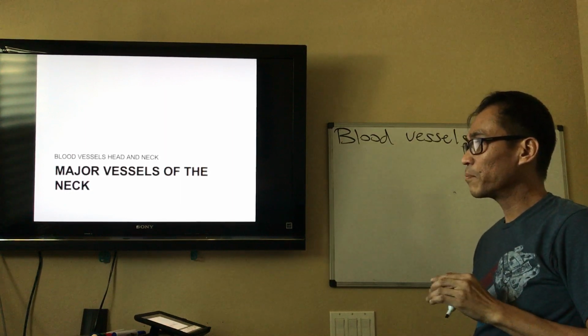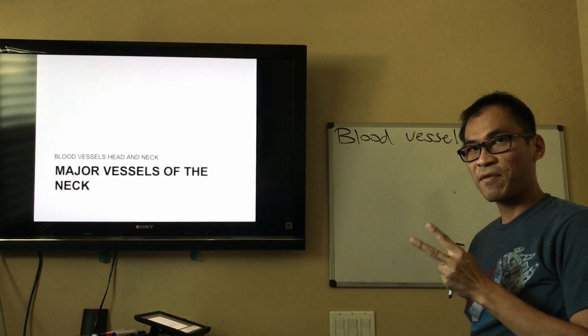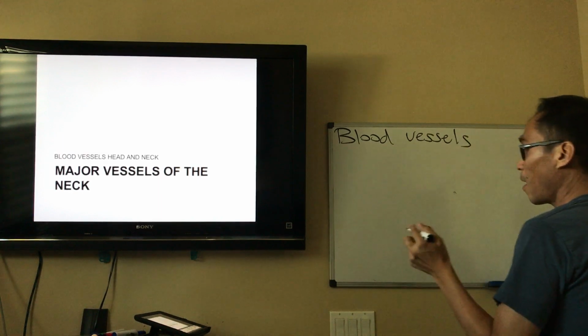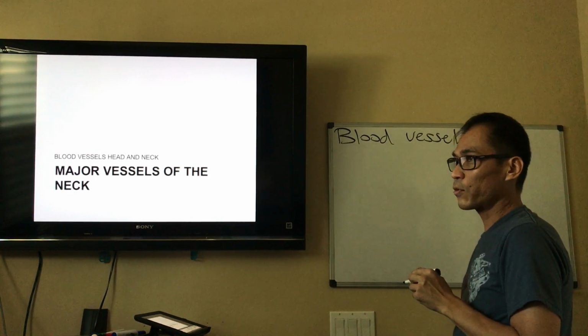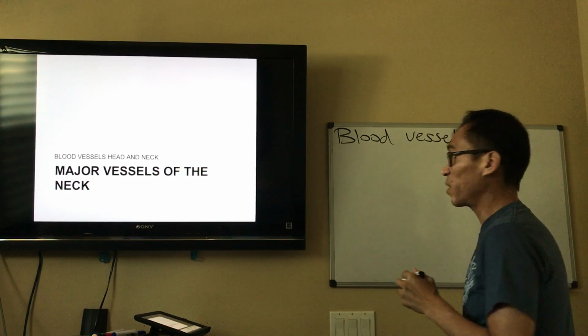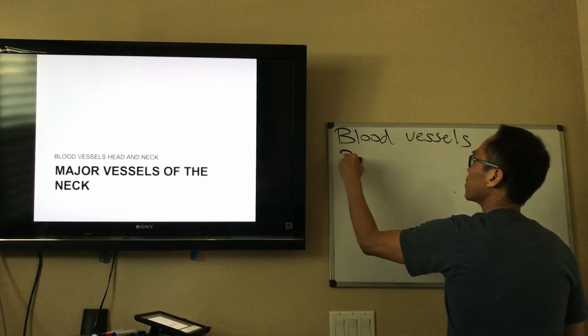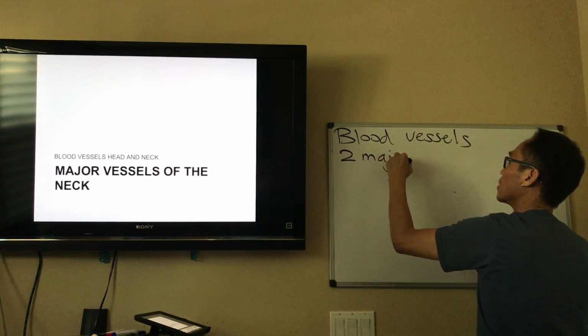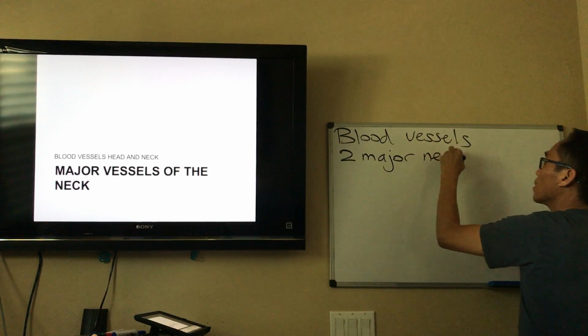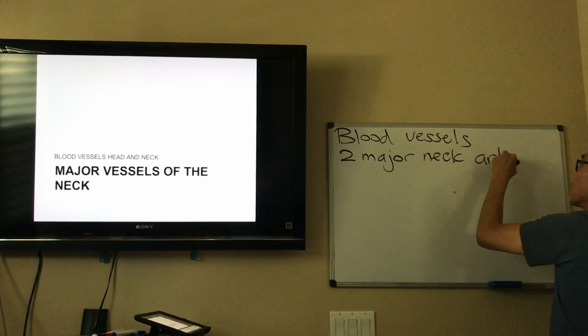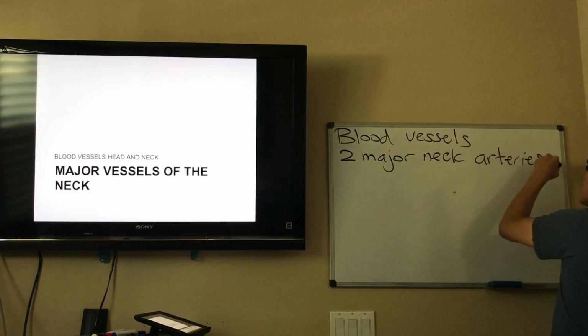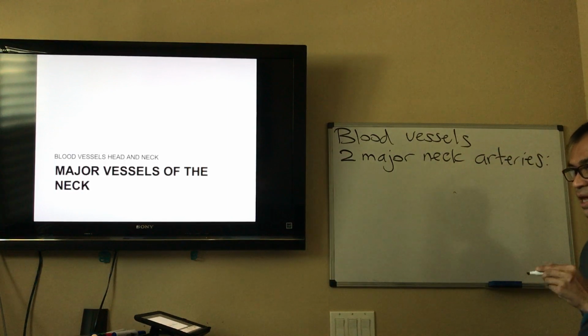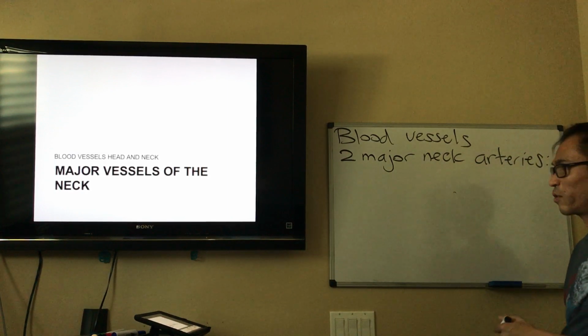All right, there are actually two major vessels of the neck I would like you to know. And they are the common carotid artery and the subclavian artery. Two major neck arteries, once again, subclavian artery, common carotid artery.